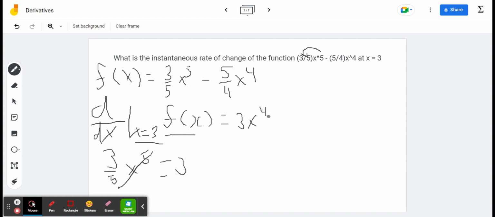And then minus 5/4 x to the 4th. The derivative of that is when we multiply 4 with our coefficient. 5/4 times 4 is 5. And then we're going to subtract 1 from our exponent. And this is going to be at x equals 3.